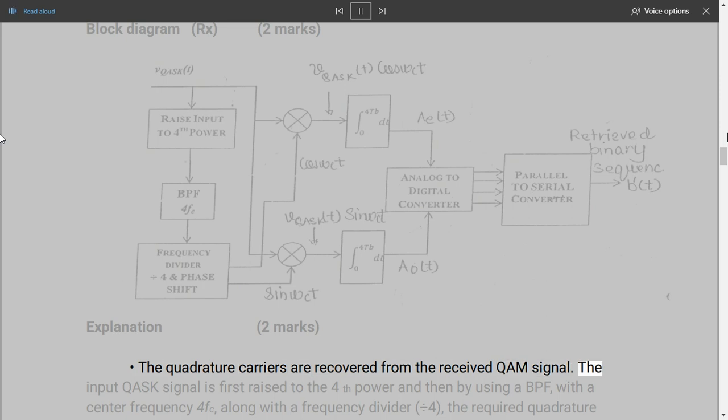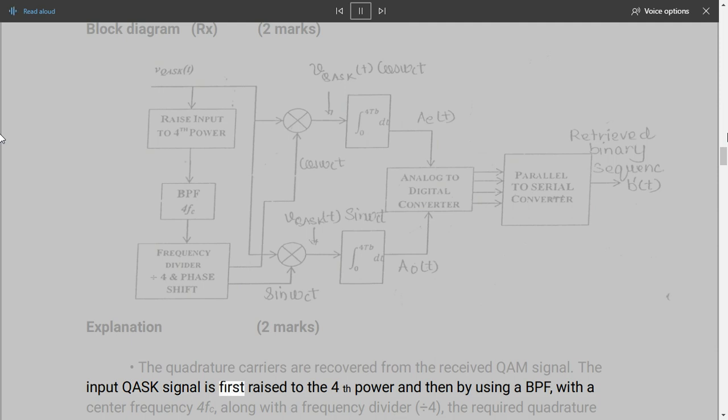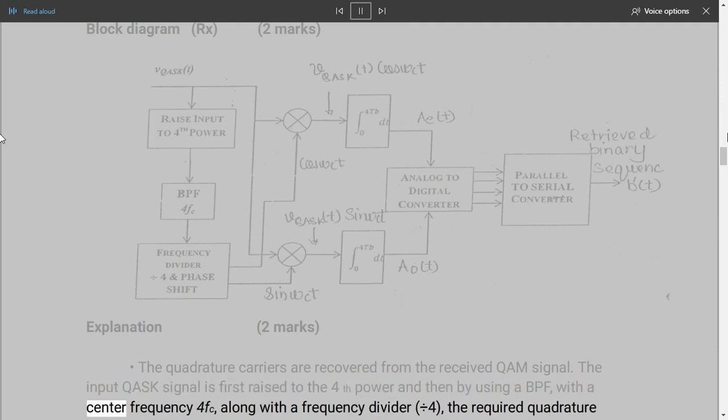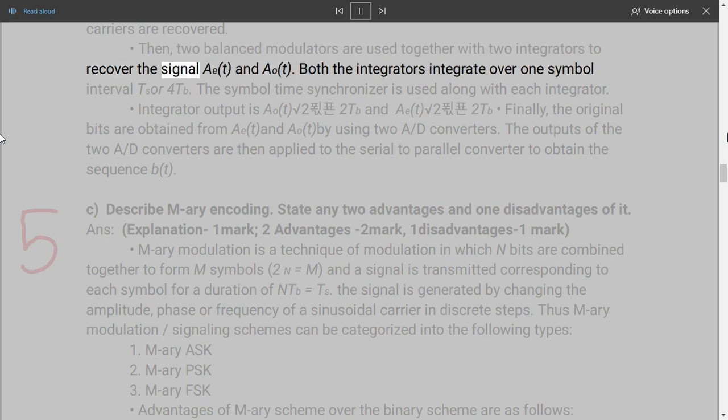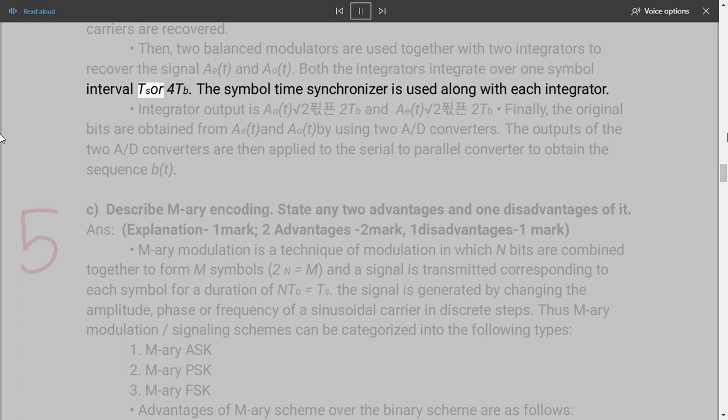The input QPSK signal is first raised to the 4th power, and then by using a BPF with a center frequency 4 fc, along with a frequency divider that divides by 4, the required quadrature carriers are recovered. Then, two balanced modulators are used together with two integrators to recover the signals Ae(t) and Ao(t). Both the integrators integrate over one symbol interval, say 4 Tb.